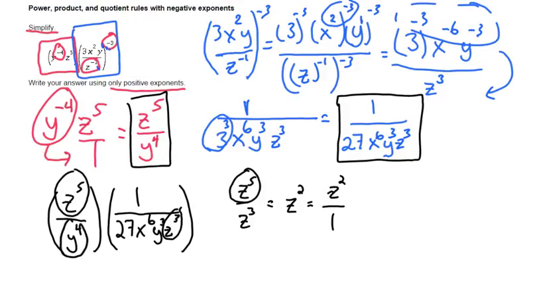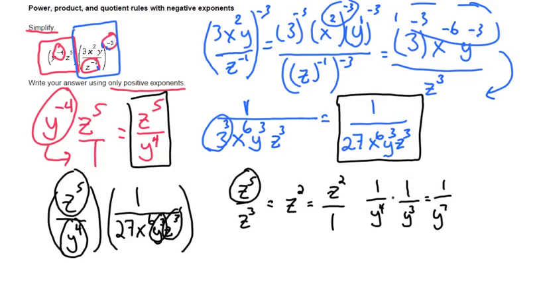With the y to the fourth here, y cubed here, well, those are both in the denominator. So we have 1 over y to the fourth, and we have 1 over y cubed. When we multiply, we add the exponents, and so that gives us 1 over y to the seventh power.